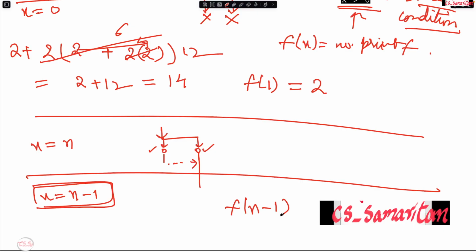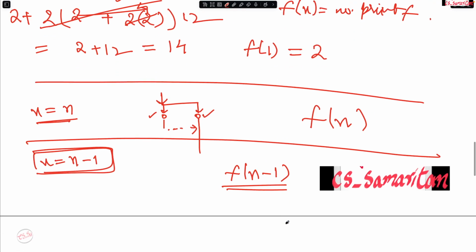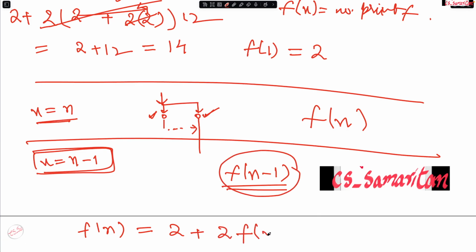Can we express f of n in terms of f of n minus 1? Yes, obviously we can, because f of n by itself produces two printfs independently, and then it produces 2 times whatever f of n minus 1 produces, right?